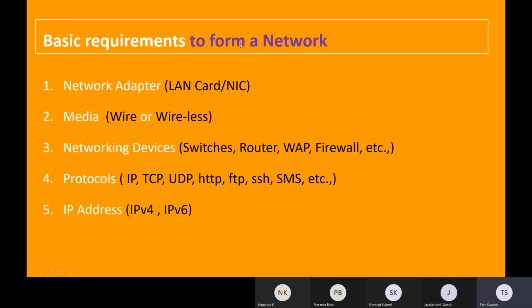So we observed the basic requirements to form a network. We observed what is a network card, and the media. We verified the wireless connection and network devices. We verified the physical switch, and we also verified the virtual switch. And we verified one of the protocols on our virtual switch, the protocol name is CDP, Cisco Discovery Protocol. Okay, and the IP address also we observed.